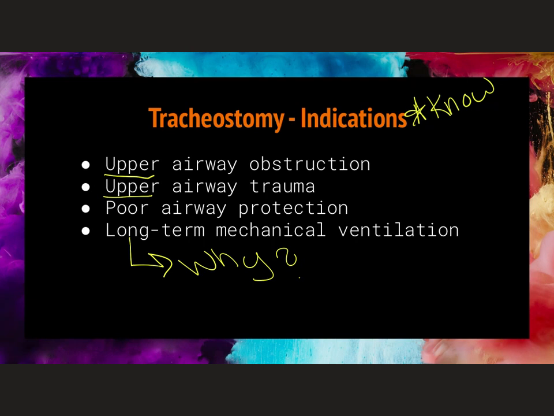In your suctioning, you have to suction because they lose the ability to cough and get their mucus up, or you're moving the ET tube, or they're just really mobile and they don't want to be intubated. And that tube is constantly on the vocal cords, we're going to cause damage. A trach is going to go below the glottis. So it's going to go below the vocal cords.